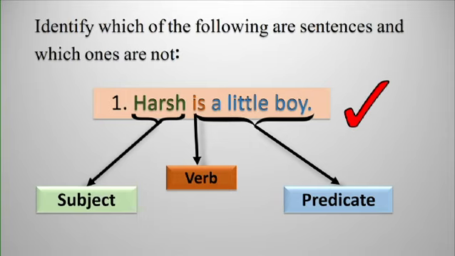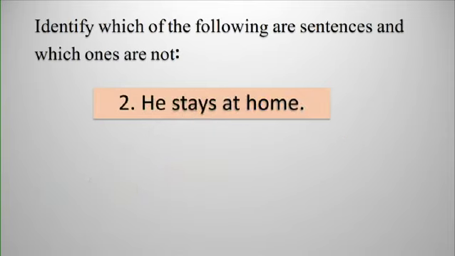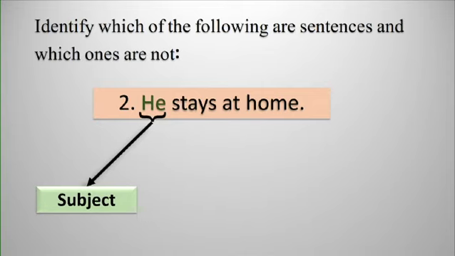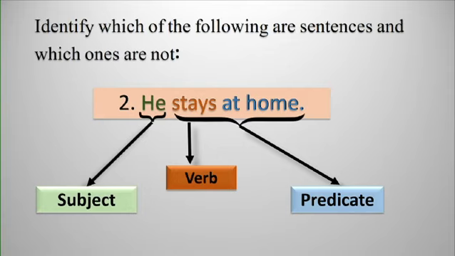Yes, it is a sentence. He stays at home. We have the subject, he, and the predicate stays at home with the verb stays. It expresses a complete thought. Therefore, it is a sentence.